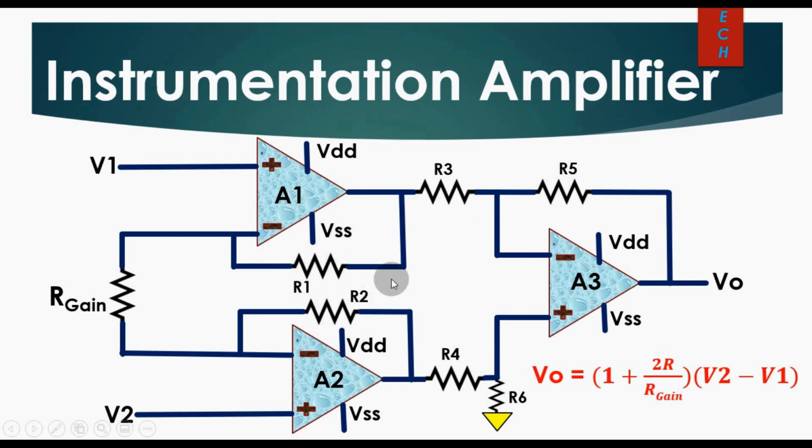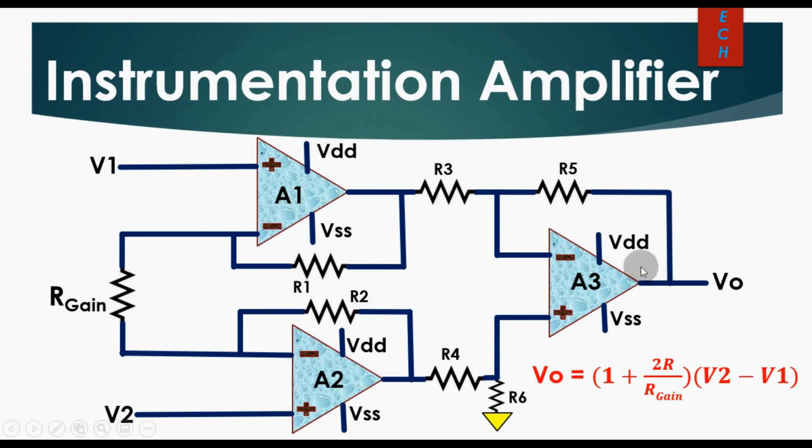So to avoid this, we need an instrumentation amplifier which is a single chip, with all these resistors integrated over a single chip. We only have the option for the gain setting resistance, right? This is the gain setting resistance. This has very high input impedance and very high CMRR. So this is the advantage of the instrumentation amplifier over the differential amplifier, right?